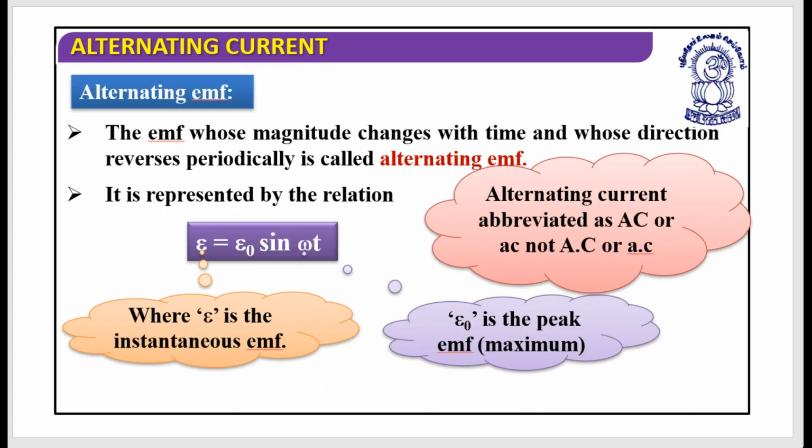Great. Now what is alternating EMF? It's an EMF whose magnitude changes with time and whose direction reverses periodically. While I say periodically, I mean after every fixed interval of time. That is called the alternating EMF.